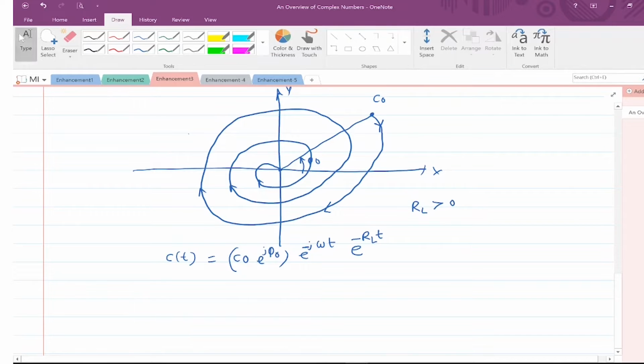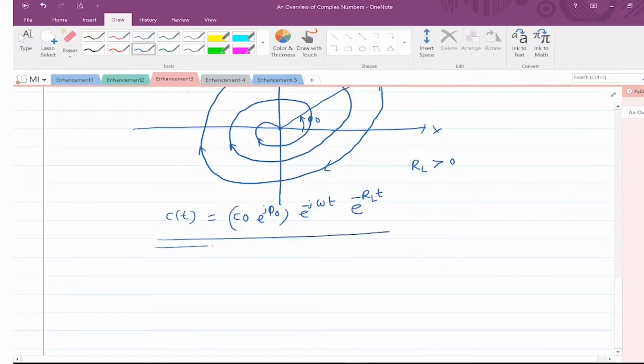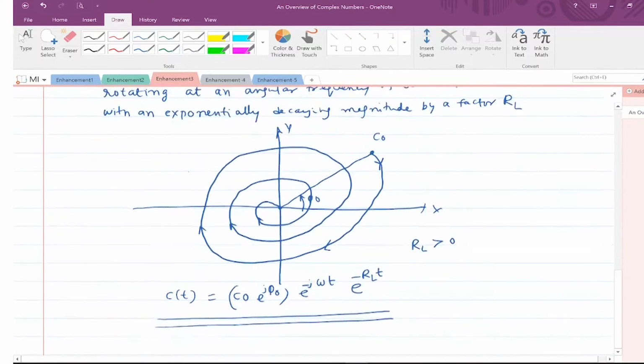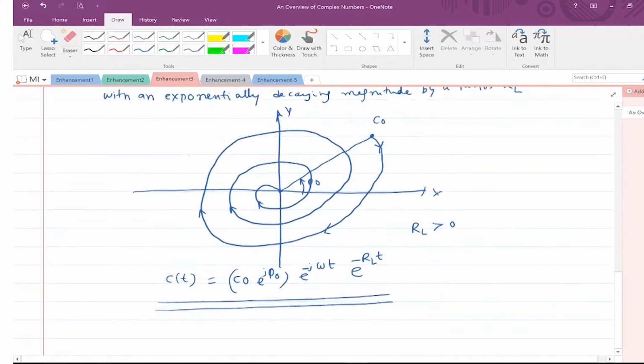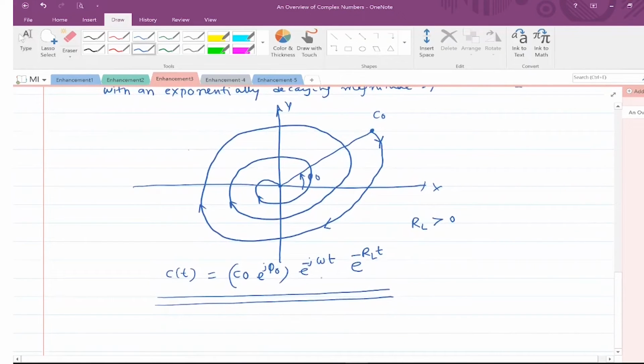That would give you the equation for a magnetic field, or you can simply call it a vector, which is rotating at an angular frequency of omega in the clockwise direction.